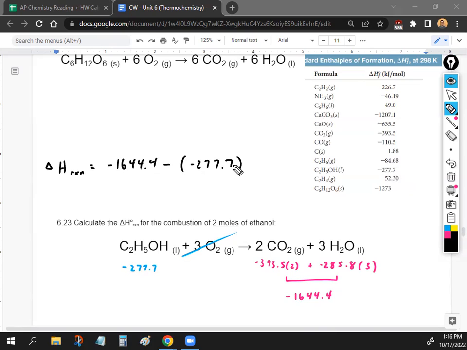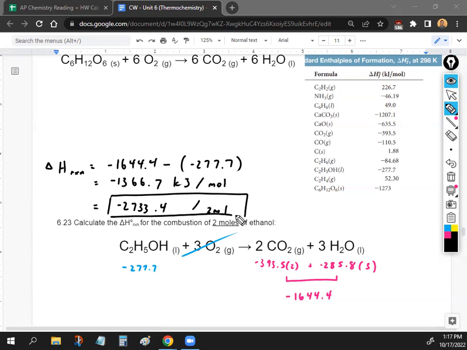So you just need to add 277.7, and you should get a final answer of negative 1366.7 kilojoules per 1 mole. If we want to find it for 2 moles, we have to double that, so we should get negative 2,733.4 kilojoules per 2 moles. So there you go.